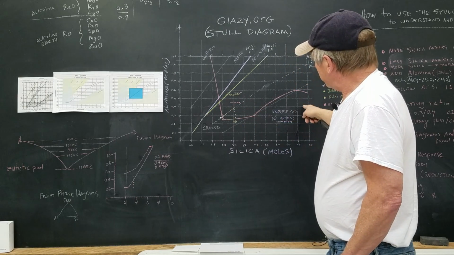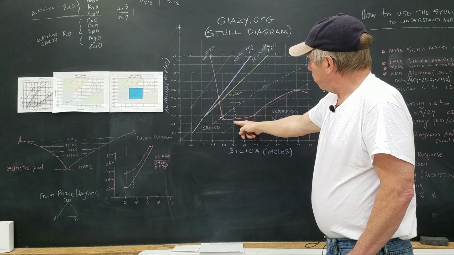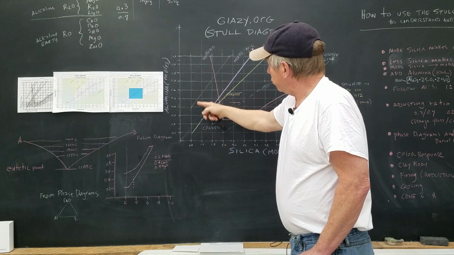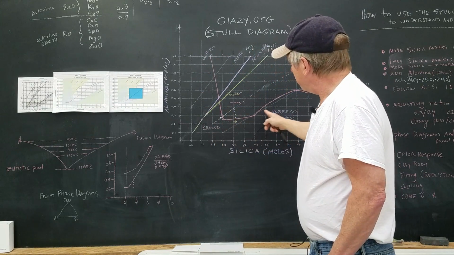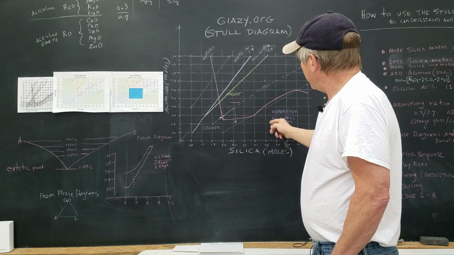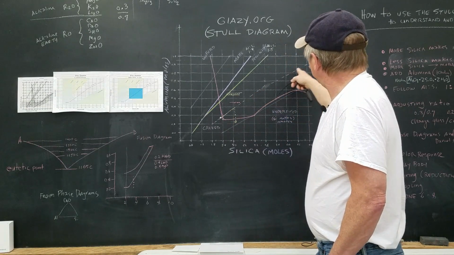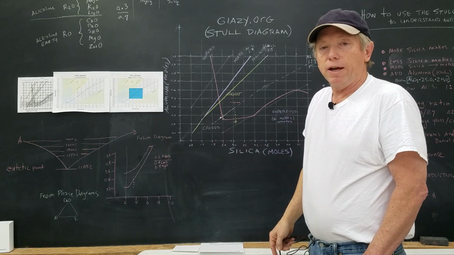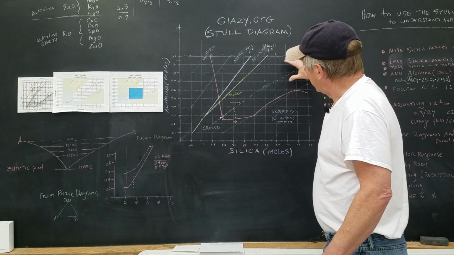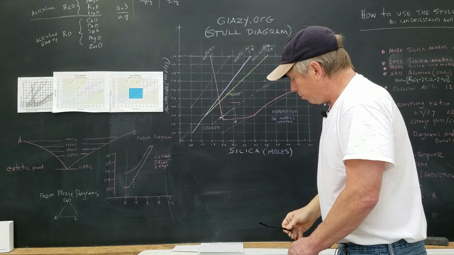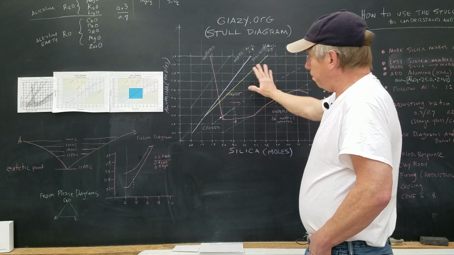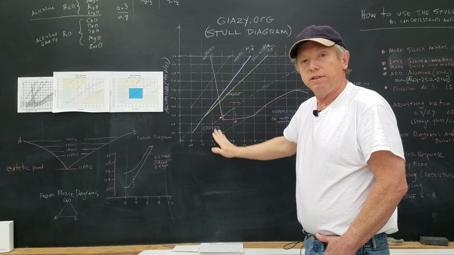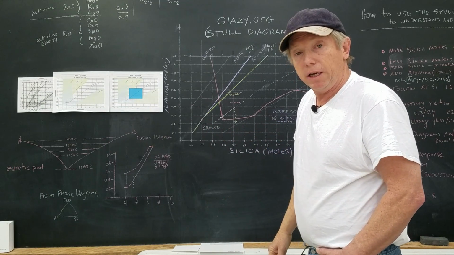Then this area is going to be underfired, that's probably 1 to 12. This is going to be underfired too. This is going to be presumably crazed. And this middle line is what we're after today, the 1 to 7.5 line. That's the main glossy line. Also remember that you can't assume this is going to actually show crazing, because that's clay body dependent.